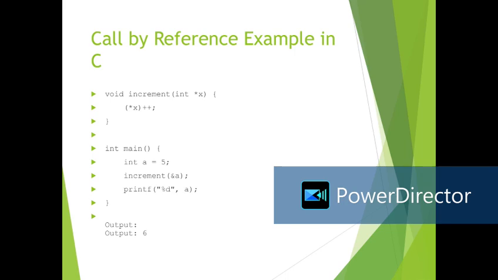This time we passed the memory address of a, allowing the function to directly modify its value. Notice we use star x to access the value stored at the pointer. In main, we use &a to send the address. This is essential in C for swapping values and modifying large structures without copying.